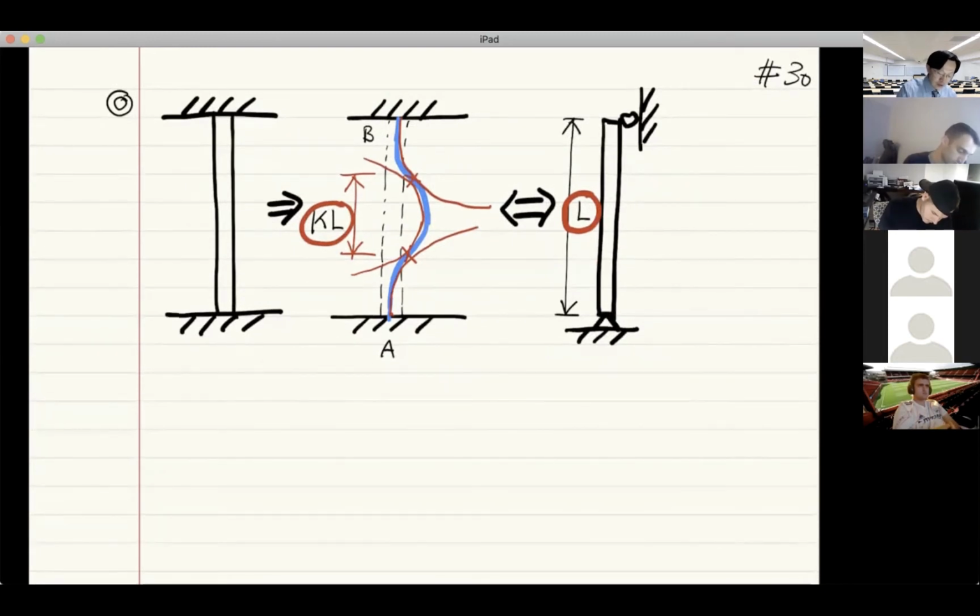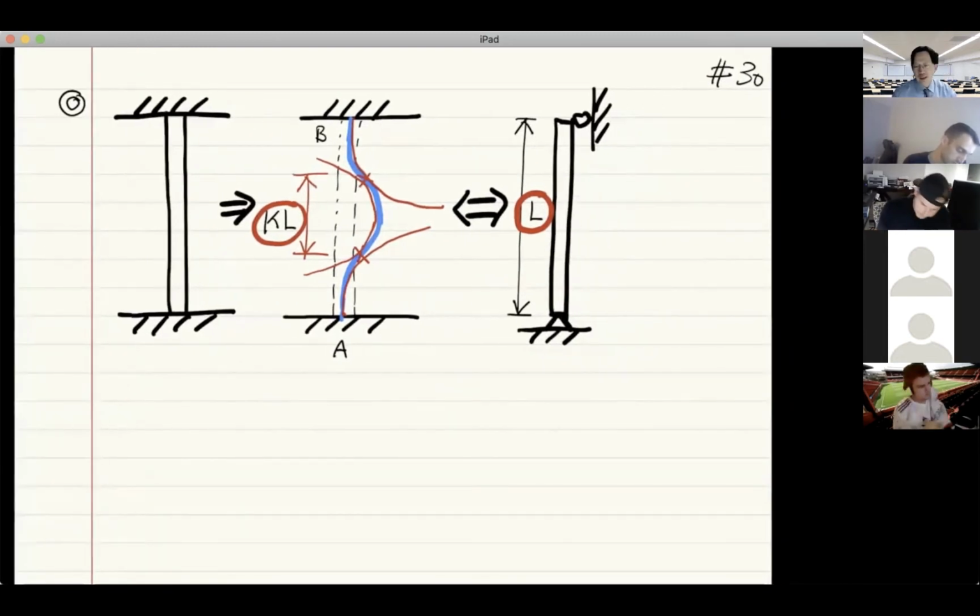So how do we make this connection? You already know that the buckling load for a simply supported column is what we call a PCR.